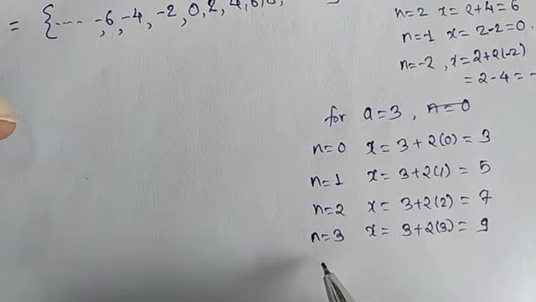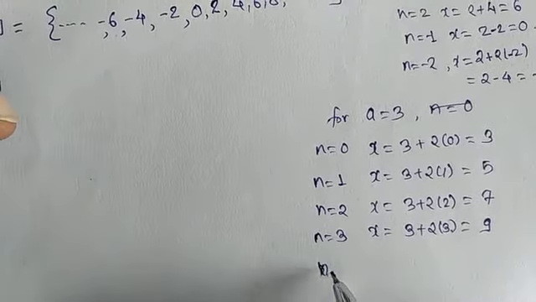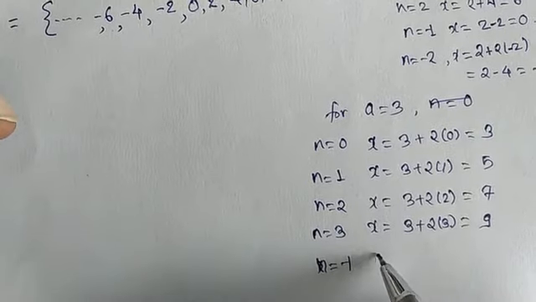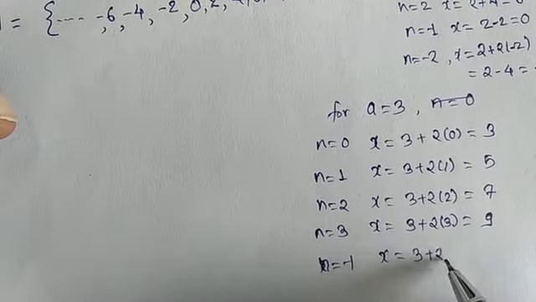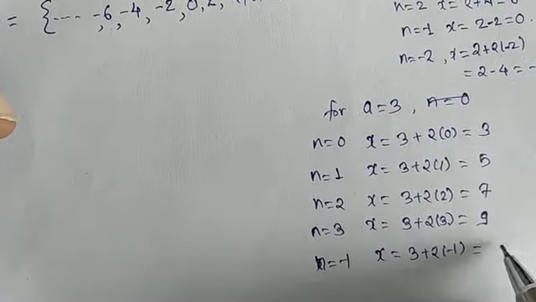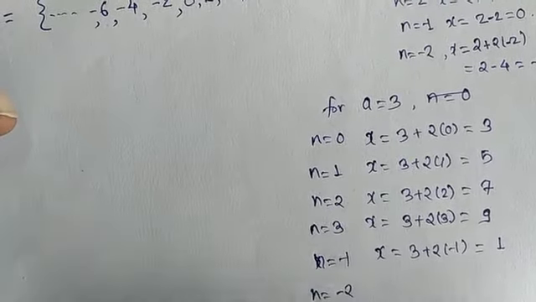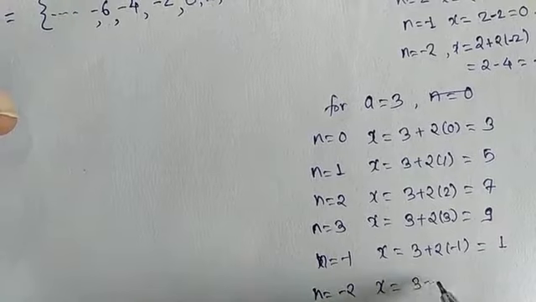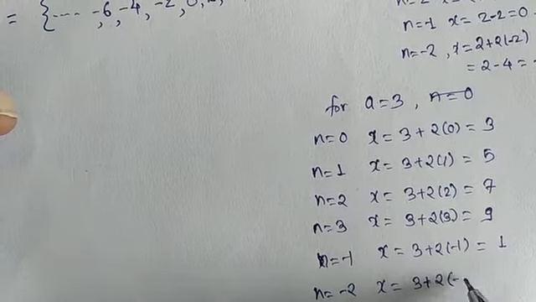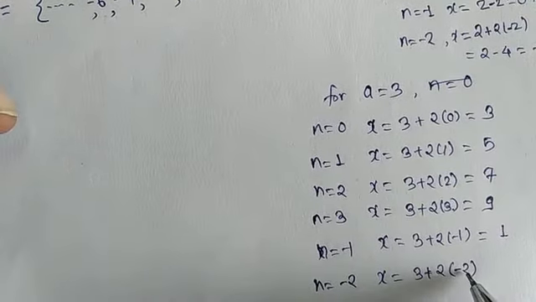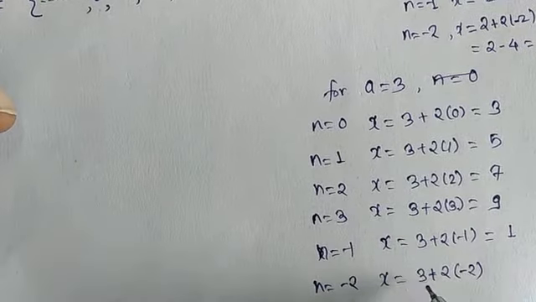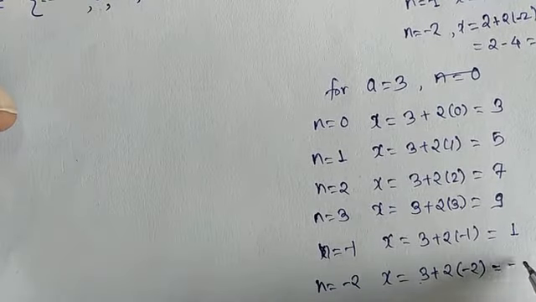Now for negative values, for n is equal to minus 1, x is equal to 3 plus 2 into minus 1, which is 3 minus 2, which is 1. Next, for n is equal to minus 2, x is 3 plus 2 into minus 2, which is 3 minus 4, which is minus 1.